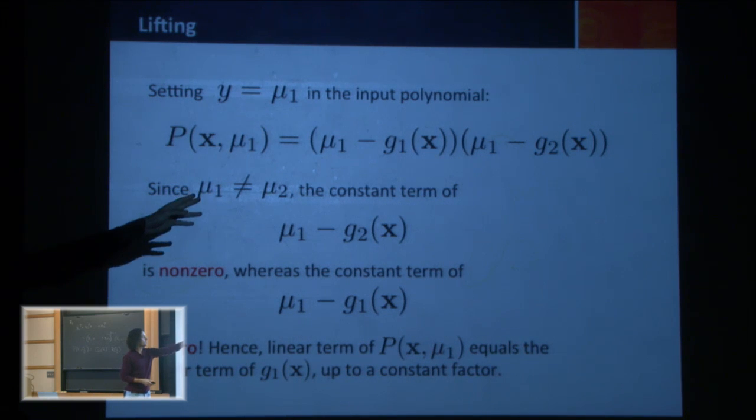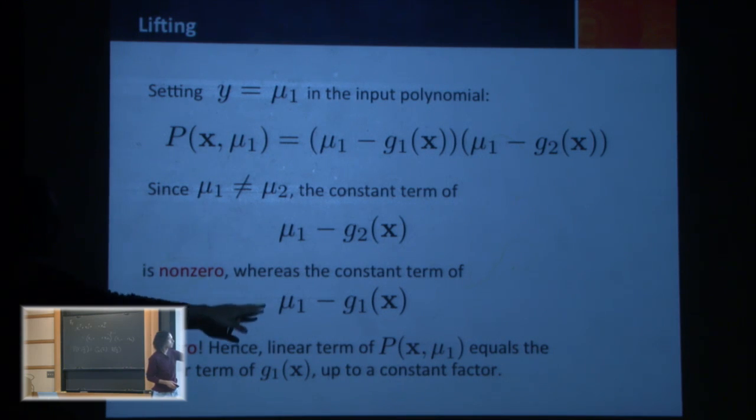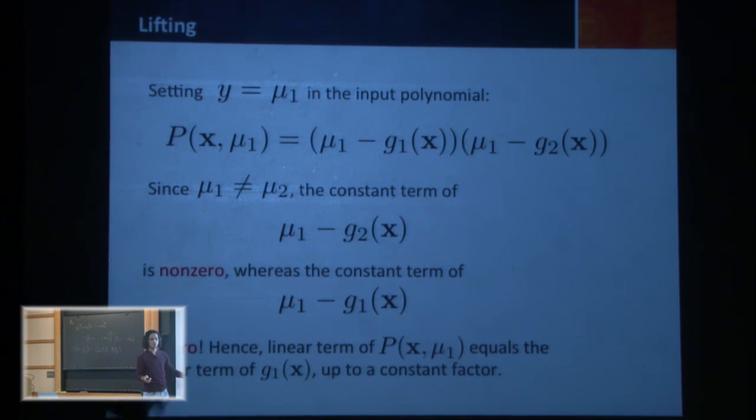So here is a polynomial that does not have any constant term. Moreover, the linear part of this polynomial is equal to the linear part of the other polynomial multiplied by some constant, which we know because we know the first roots. So we can recover the linear term of g1 just with black box access to the polynomial P. And that's what we do.